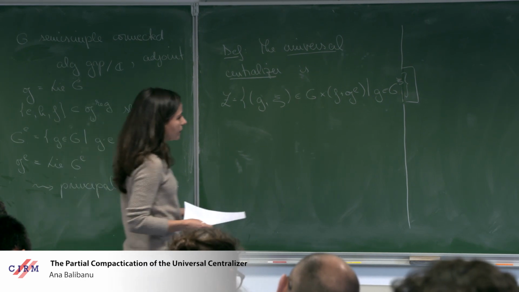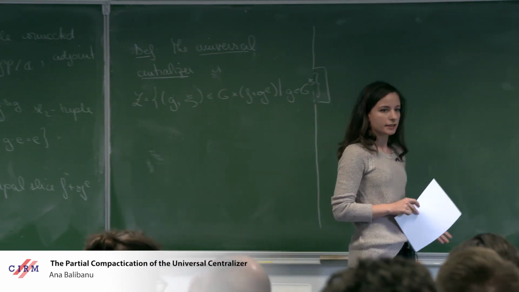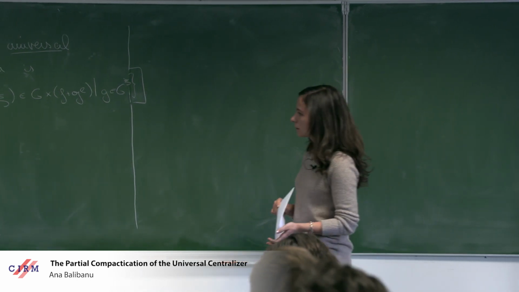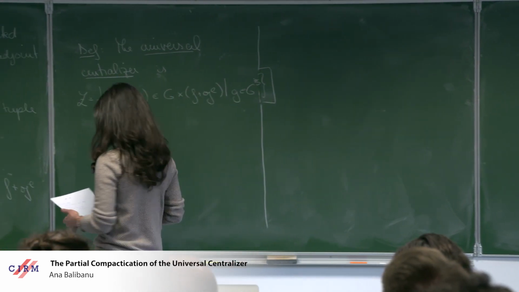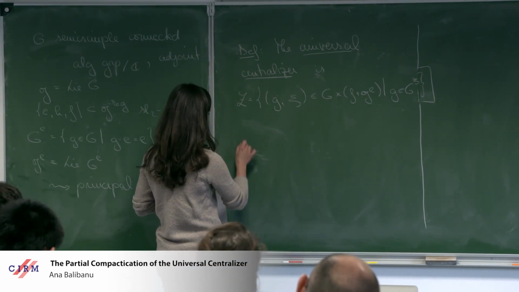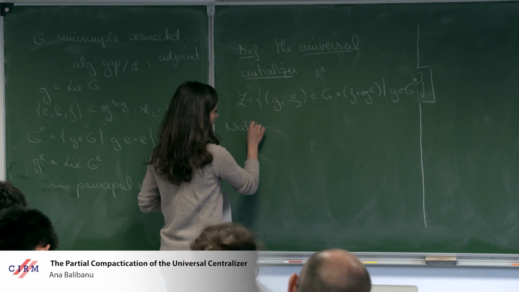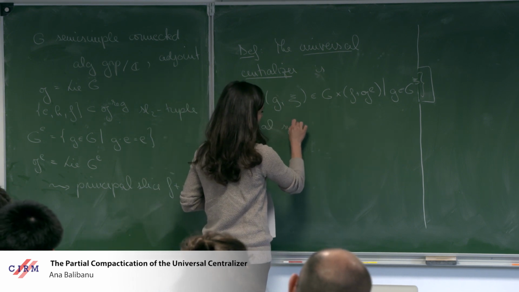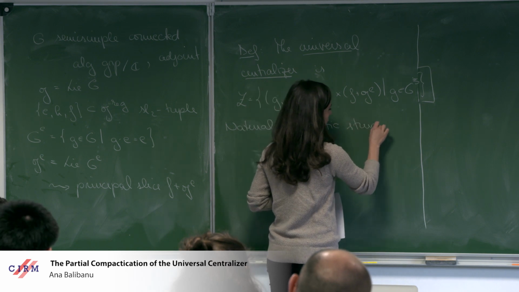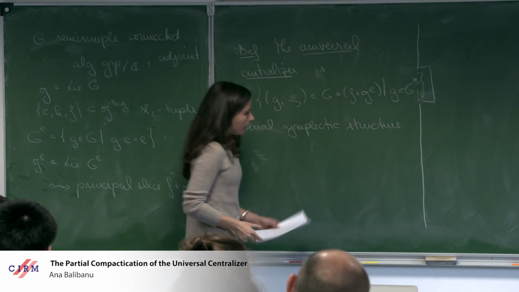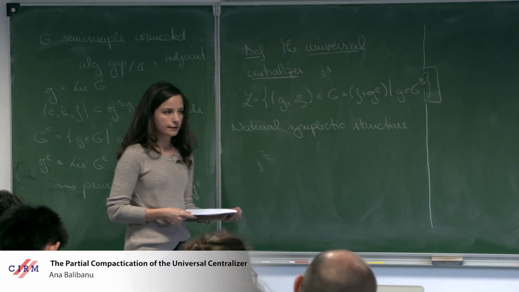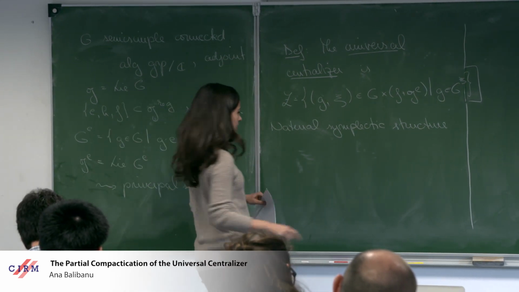So this is like the family of centralizers of regular elements parametrized by their conjugacy classes. And this variety has a natural symplectic structure that is obtained through a construction that's normally attributed to Kostant, I think.